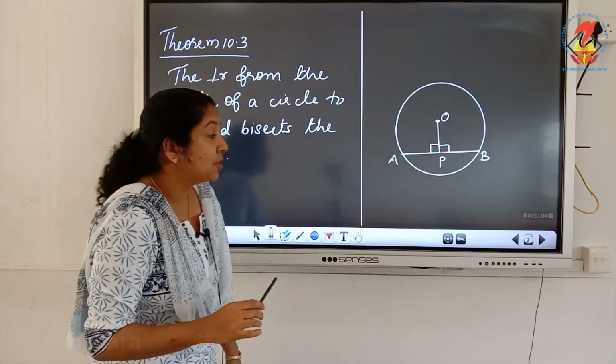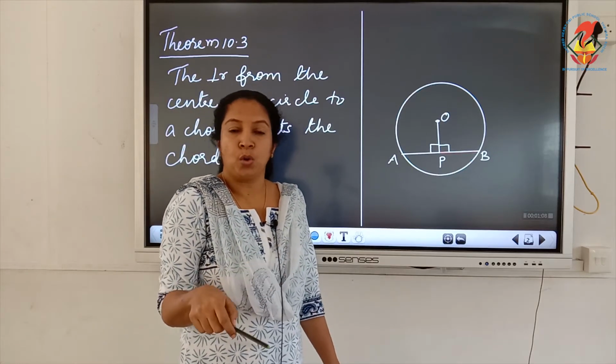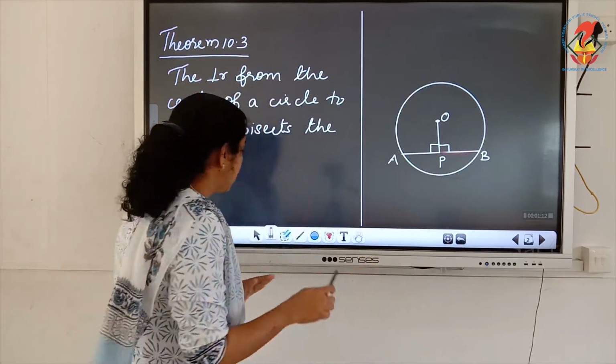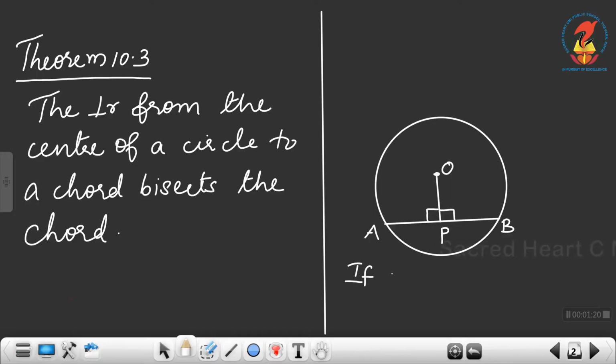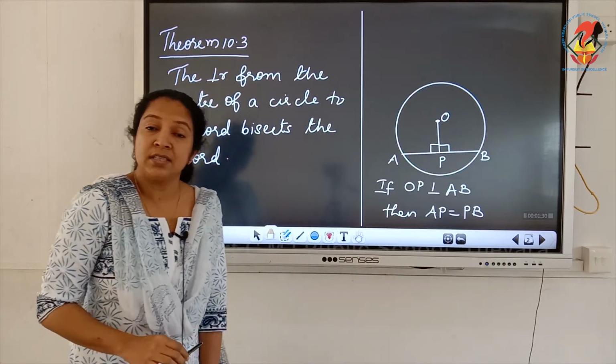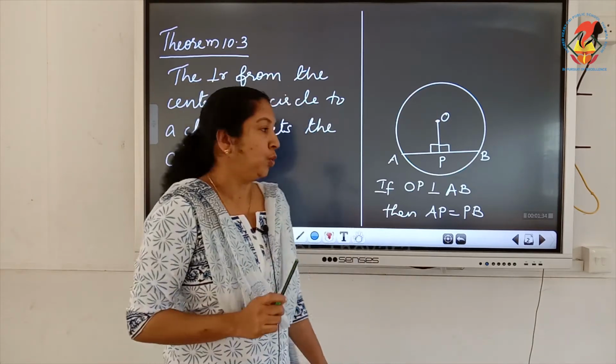This means that if a perpendicular is drawn from the center to a chord, then the chord divides into two equal parts. That means if OP is perpendicular to AB, then AP is equal to PB. You have to learn by heart the statement: the perpendicular from the center to a chord bisects the chord.